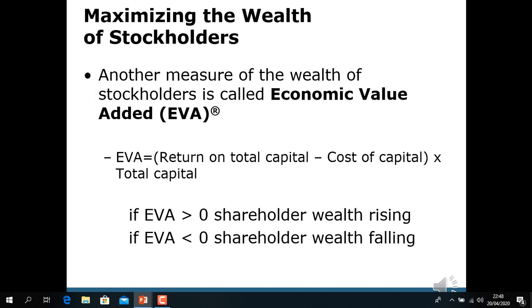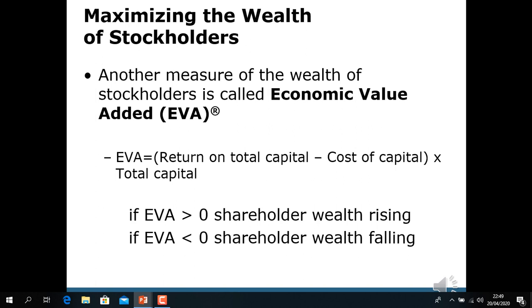So the equation of EVA can be obtained as: EVA is net operating profit after tax, or NOPAT, minus invested capital times weighted average cost of capital, or WACC. Or the formula for calculating EVA can be NOPAT minus WACC times invested capital.